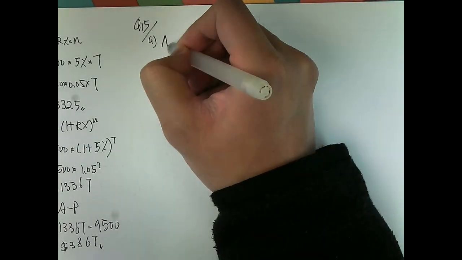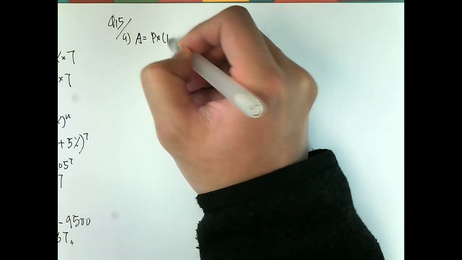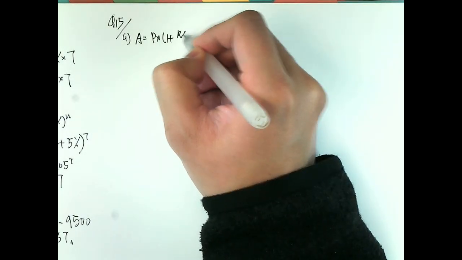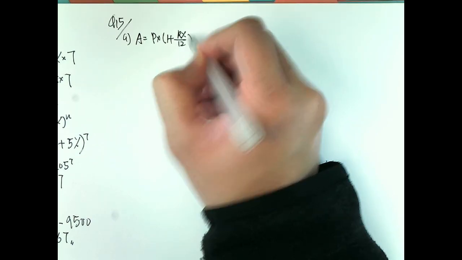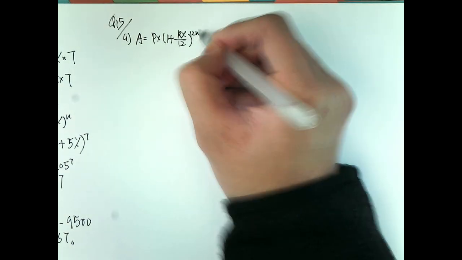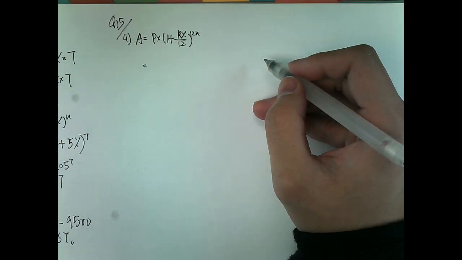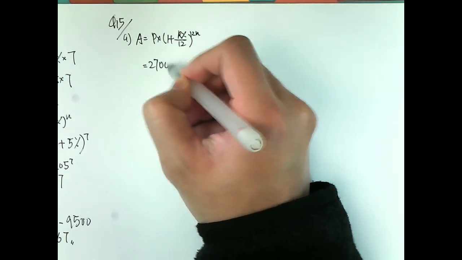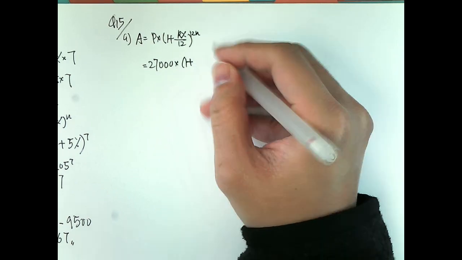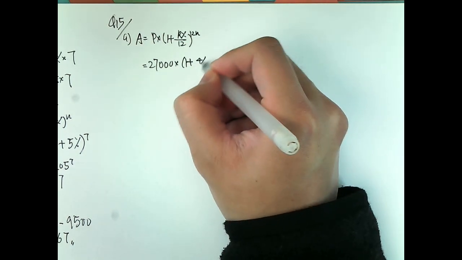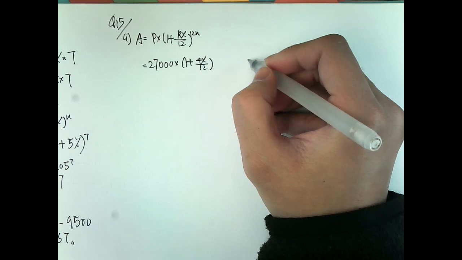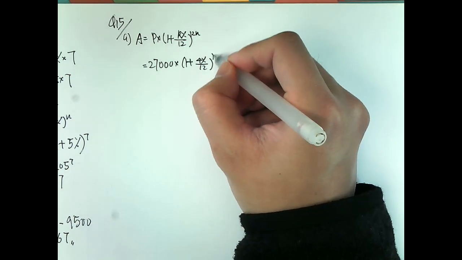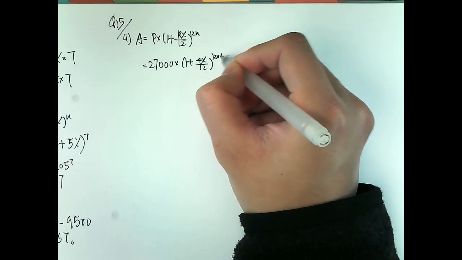So you find A first, okay? The A, always write the formula first. R percent divided by 12, because monthly is divided by 12, okay? 12N, understand? So next line, you do a plug in, 27,000 times 1 plus R percent 4% divided by 12. And then here is 12 times 4 years. Okay.